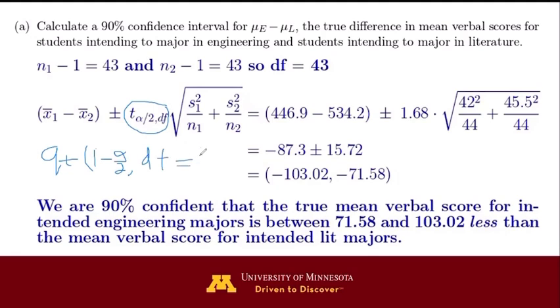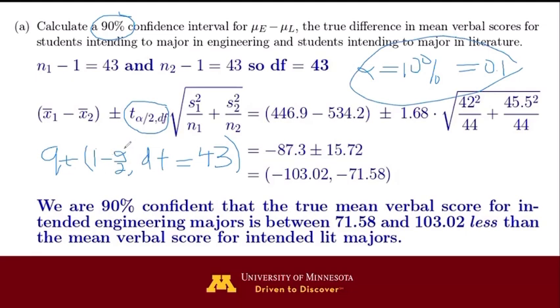The degrees of freedom here is 43, right? So for 90% confidence, your alpha is going to be 10%, which is 0.1. So you plug in the values of alpha here: 1 minus alpha over 2, degrees of freedom equal to 43, and it returns 1.68.